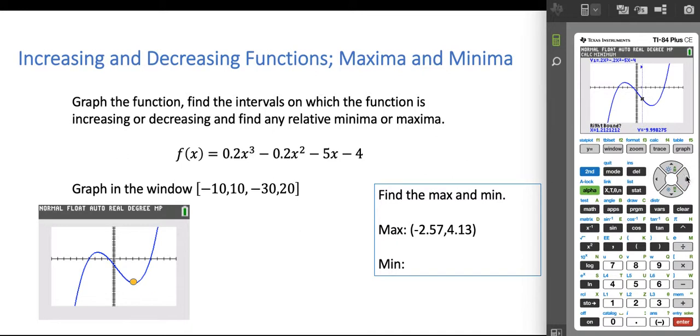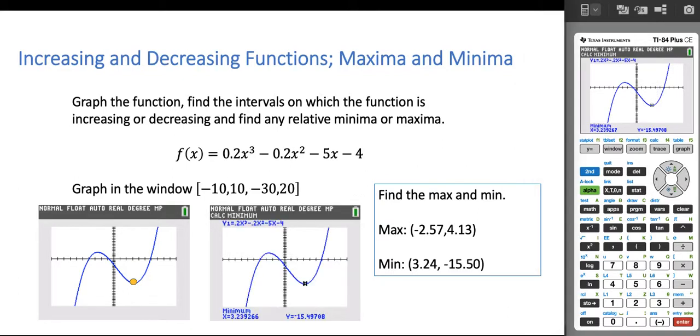Then get to the right of it. Make sure you know your left from your right, right? So now I'm to the left of it, I'm to the right of it, and then it says guess, and I press enter one more time. And remember that minimum value should be between these two lines that are drawn. So I'll press enter, and I have the minimum.